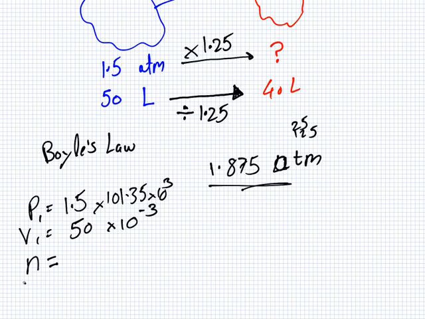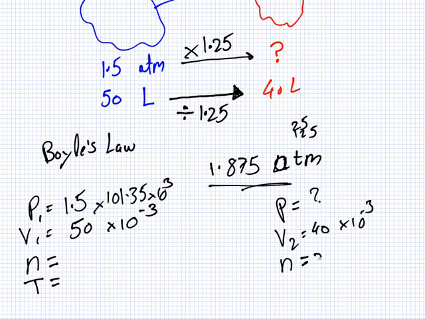The T you don't know, but here, the P you don't know, the V you do know, the N you don't know, but you know it's the same, and the T you don't know, but it's the same.